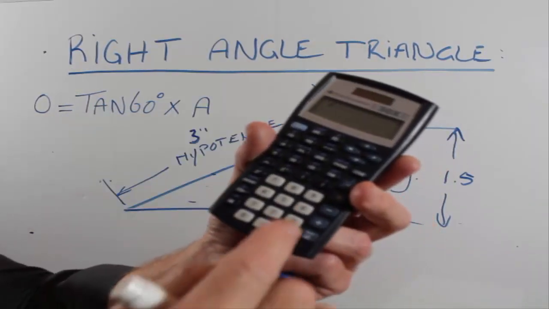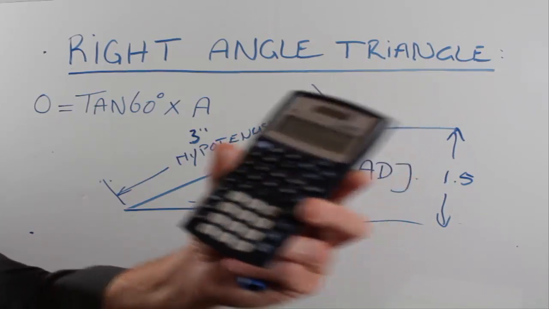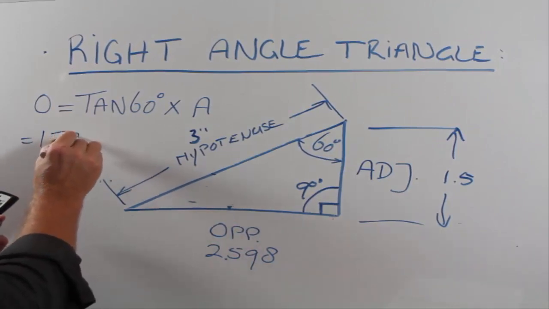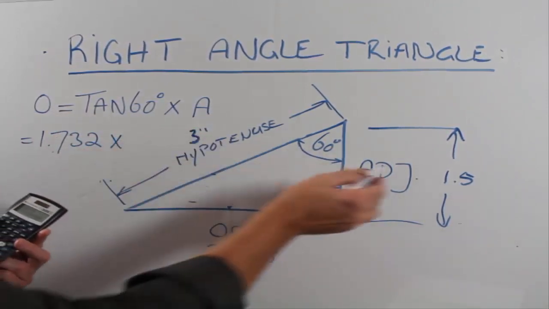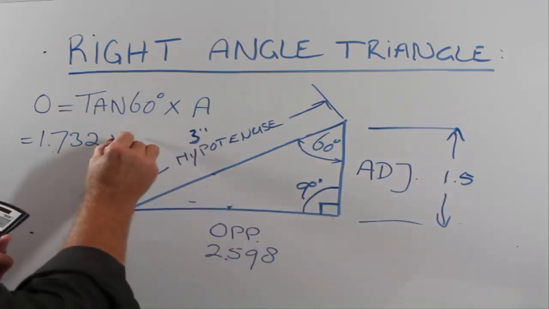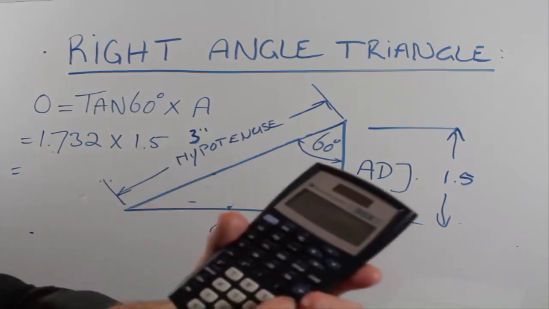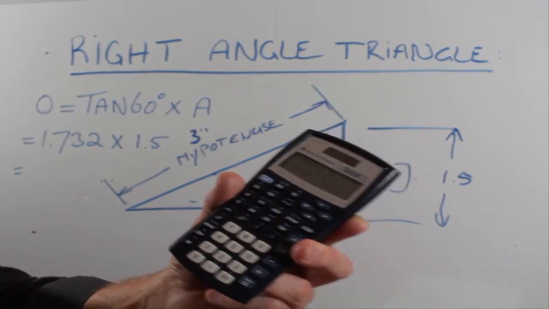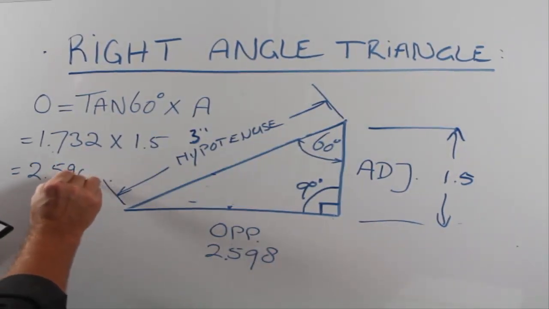Alright, so we take the calculator, we take the tangent of 60 degrees equals, so equals 1.732, and we're going to multiply that times A, the adjacent, which is 1.5. equals, and here's our 2 inches, 598 again.